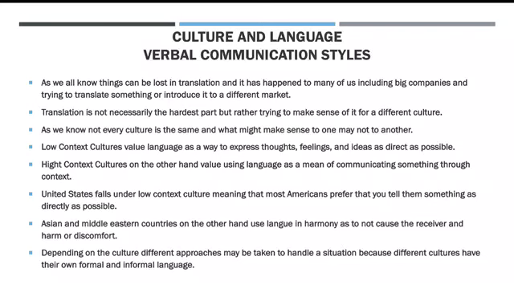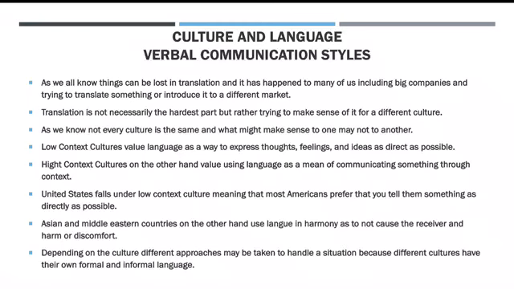Low context cultures value language as a way to express thoughts, feelings, and ideas as directly as possible. High context cultures, on the other hand, value using language as a means of communicating something through context. The United States falls under low context culture, meaning that most Americans prefer that you tell them something as directly as possible.